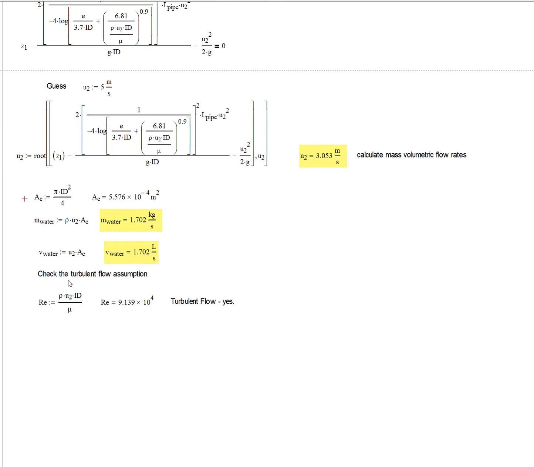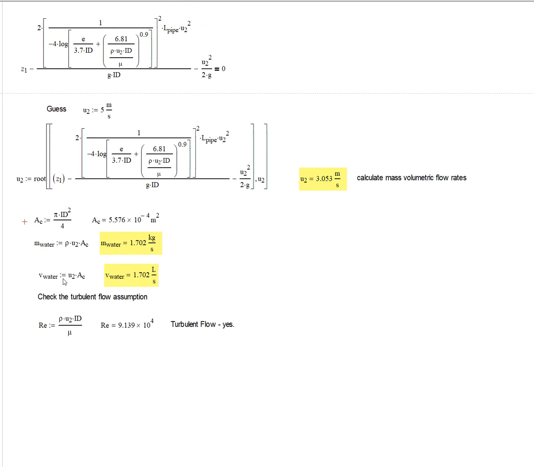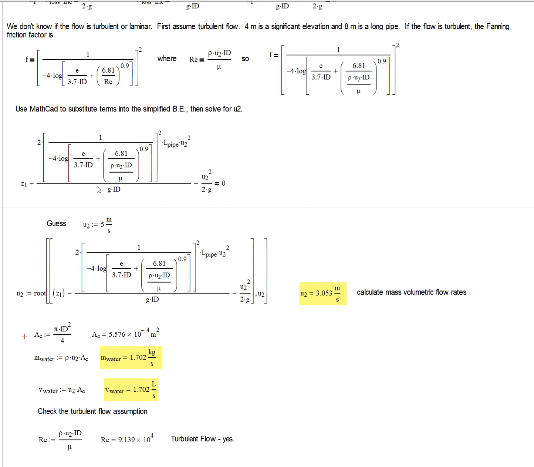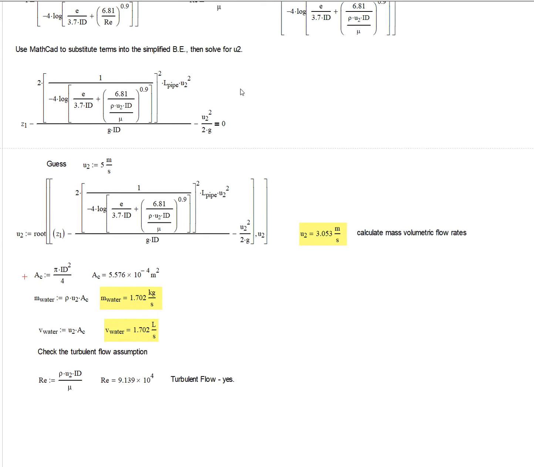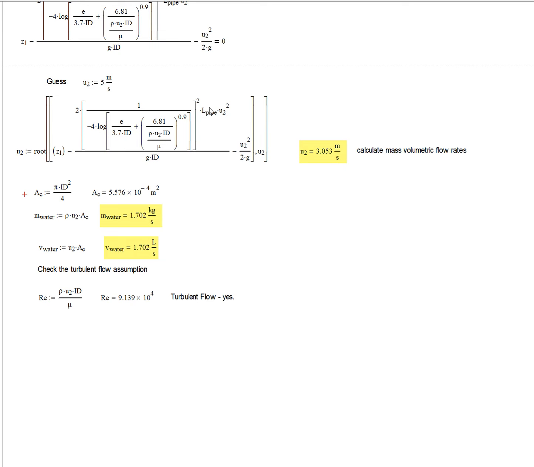Another thing that we should do: when we use this formula for the friction factor, we're assuming turbulent flow. I forgot to mention that, but I did mention that it was different for laminar flow. Since this is water, more often than not in process fluidics types of flows, we're going to be dealing with turbulent flow. So that was our first guess, but we need to check that assumption.